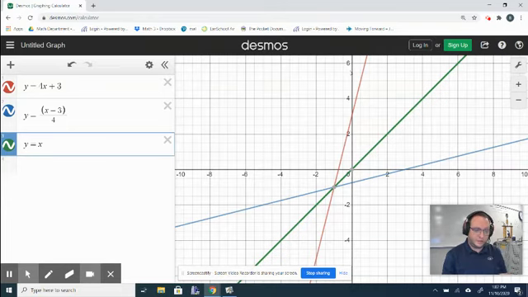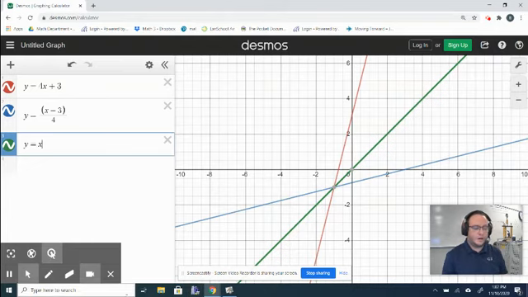If I folded the top half of this red line over, it would match up with this blue line. Same with the bottom. So folding these things over that middle line, that y equals x line, they're equivalent. So when that's the case, we call these inverses.